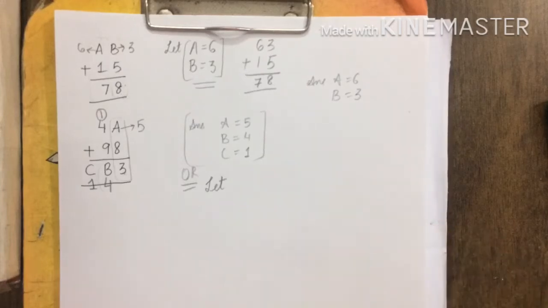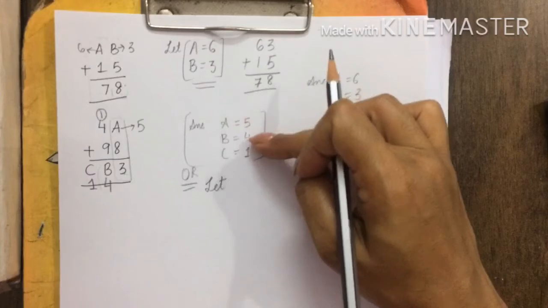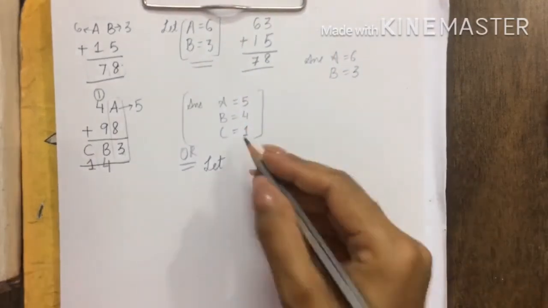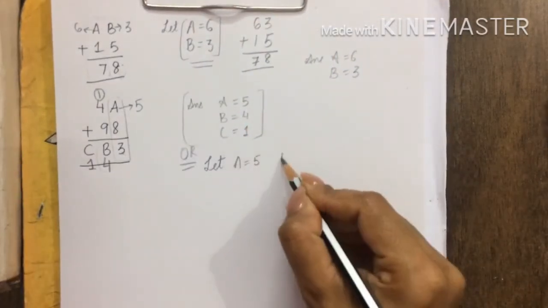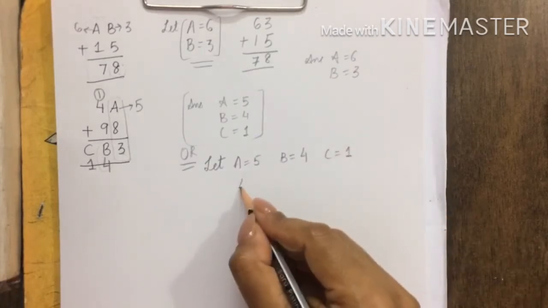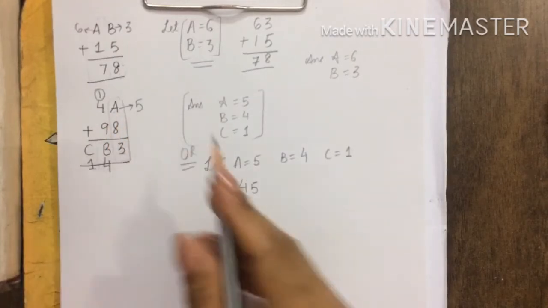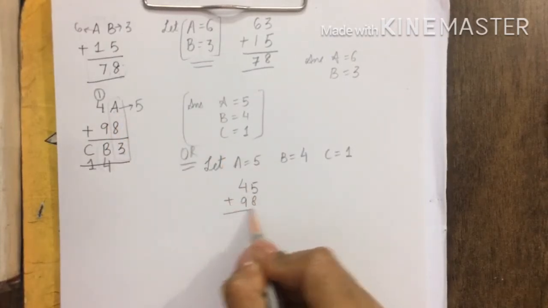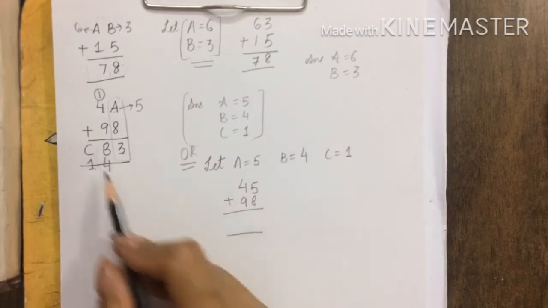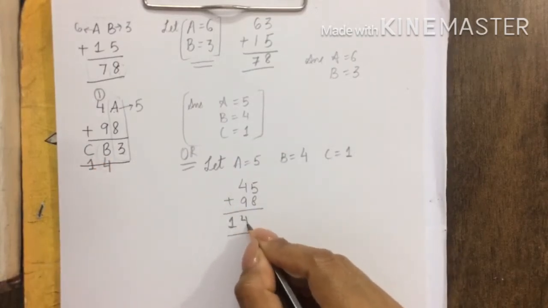So what I will do is show the work done if I replace ABC by these respective digits. So let A equal 5, B equal 4, C equal 1. Then my problem would look like this. A replaced by 5 added with 98 and the total, replacing the digits B and C with the chosen values 1, 4, 3.